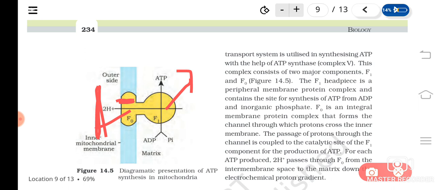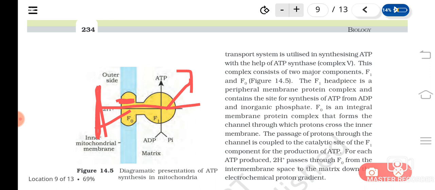Once the gradient is created, the breakage of this gradient takes place through this channel, that is, through the F0 particle, and this results in the production of ATP.